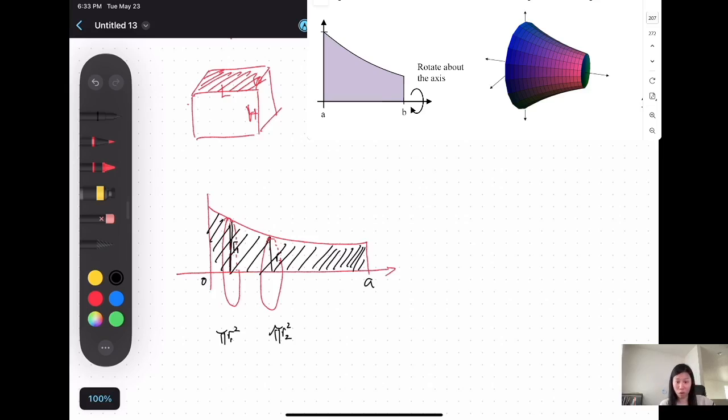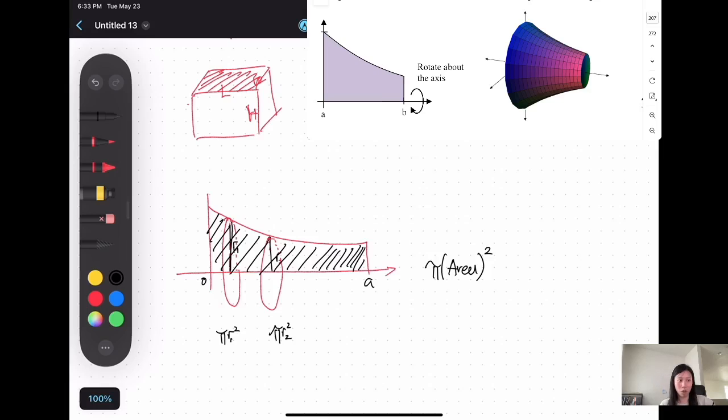So the volume of this solid is going to be pi times the area of this shaded part, squared, because the area is equal to pi r squared, and then we just sum them up together.